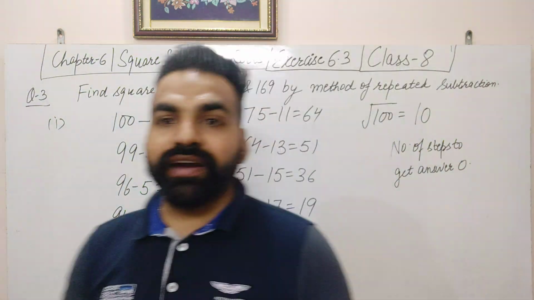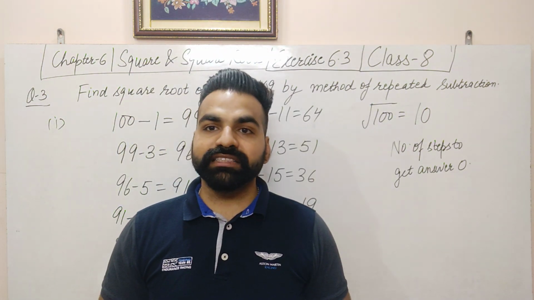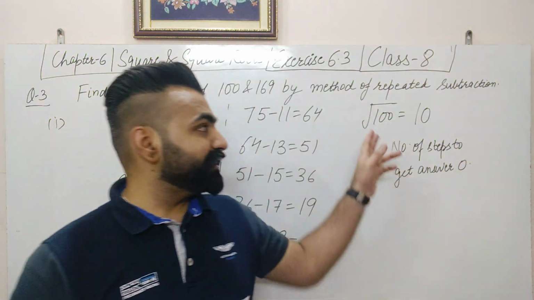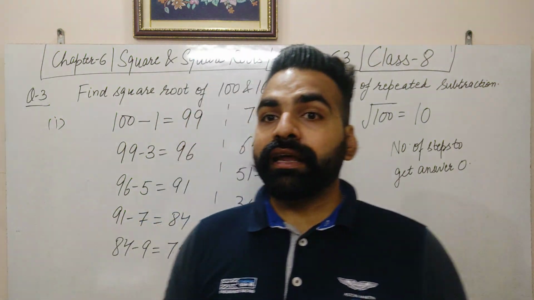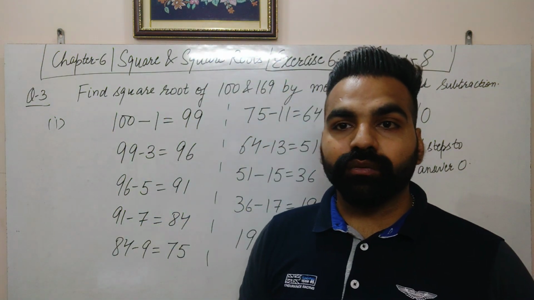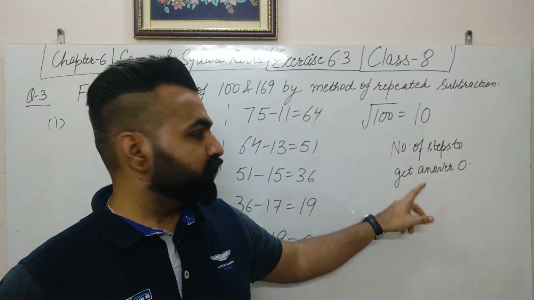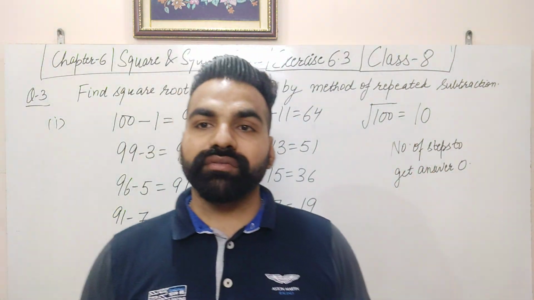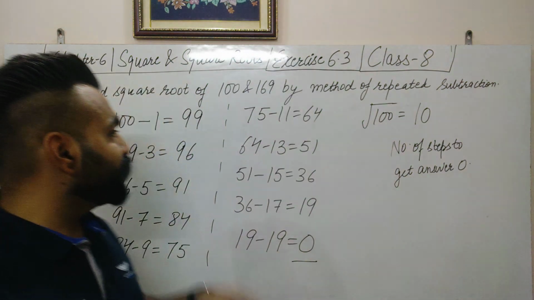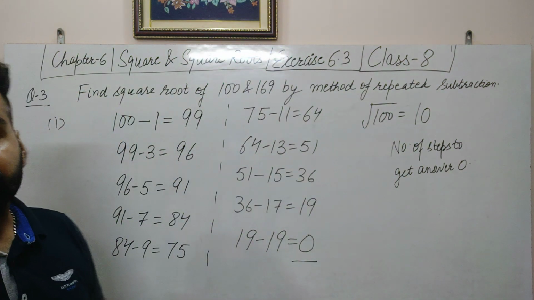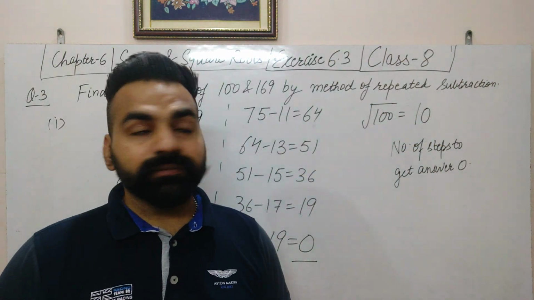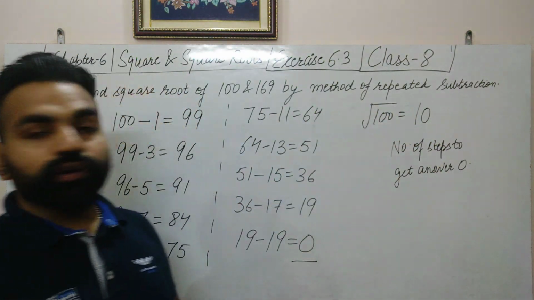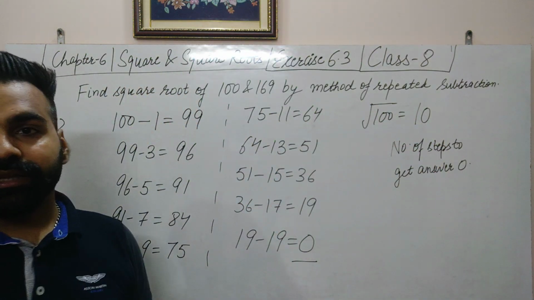So finally, if we find the answer 0, then the given number is a perfect square, and then the square root of that number is equal to the number of steps to get the answer 0. Simply we have to count the number of steps in the given question. So this was the method of repeated subtraction. Now we will calculate the square root of 169 by the same method.